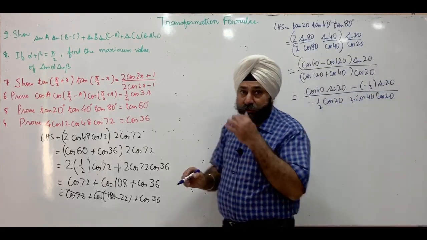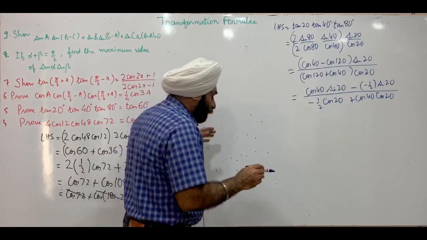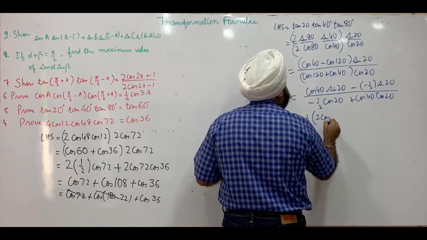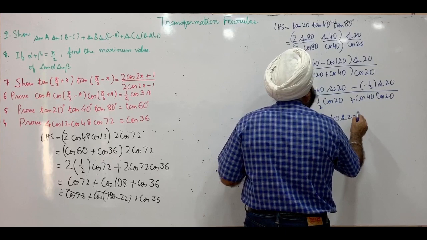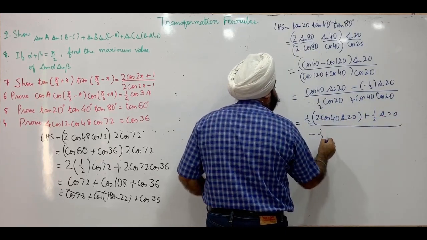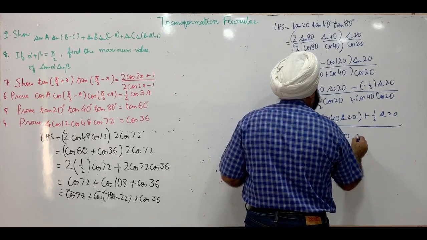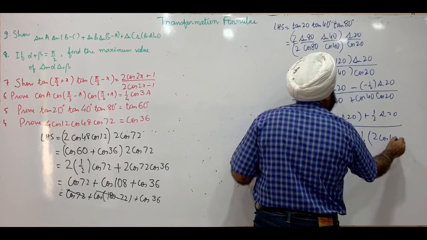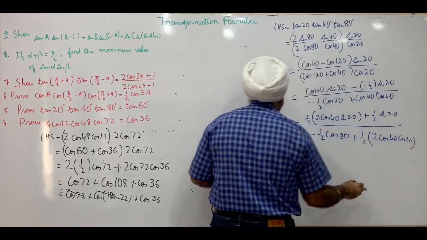Now product of cos and sin, we can multiply and divide by 2. This is half, 2 cos of 40 sin of 20. Denominator, this is again divided by 2 multiplied by 2 into cos of 20 degrees.